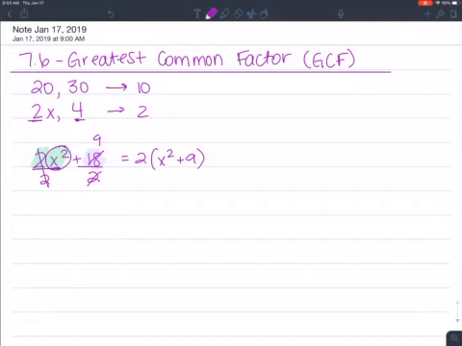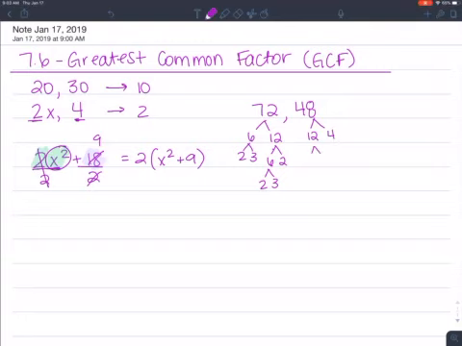So, quick refresher. If we have two numbers that are a little bit larger, like 72 and 48, and maybe we don't necessarily recognize the GCF right off the bat, we can break it down into factor trees. 72 is 6 times 12, and that is 6 times 2, and that is 2 times 3, and that is 2 times 3. 48 is 12 times 4, and 12 breaks down to 6 and 2, 3 and 2, 2 and 2.